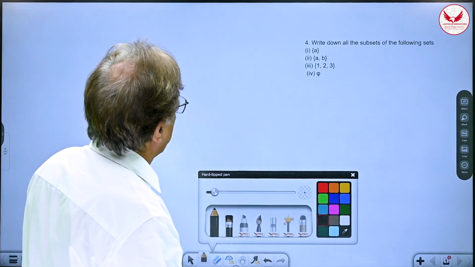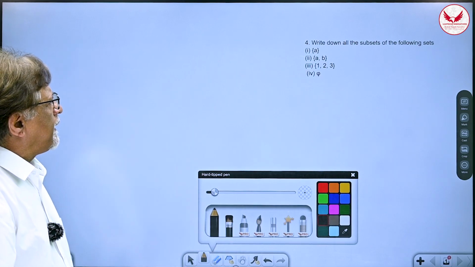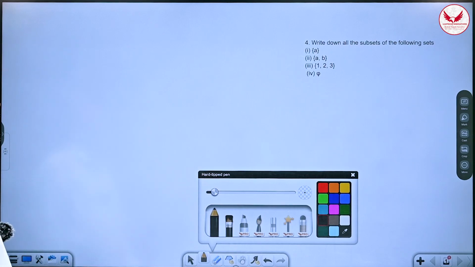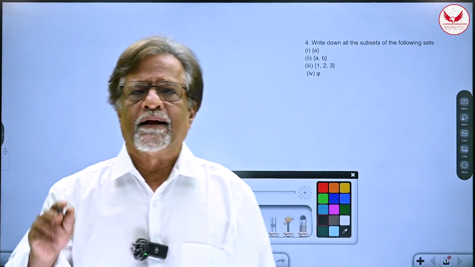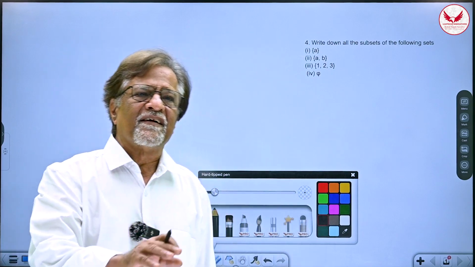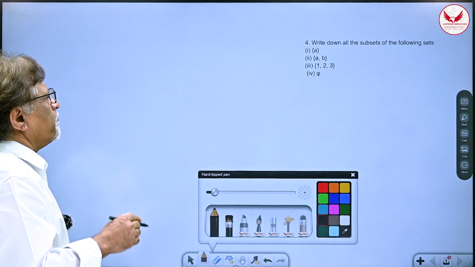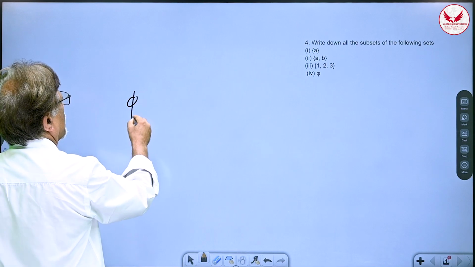Now, let us find out this kind of a problem, which says that write down all the subsets of the following sets. Okay. All the subsets, when we talk about all the subsets, one thing has to be considered, that empty set is considered to be a subset of every set. Okay. Because why empty set is a subset of every set?